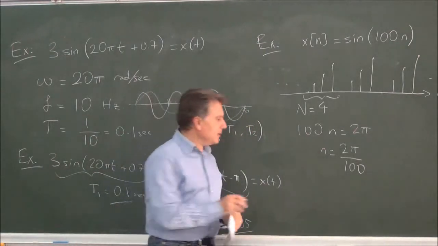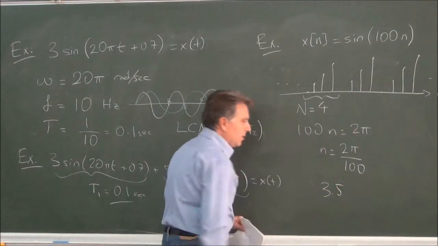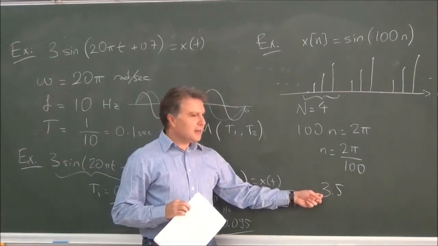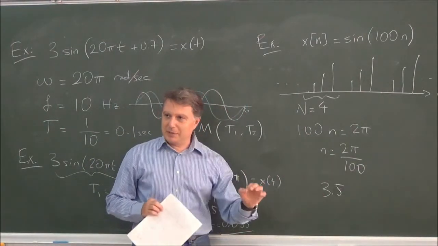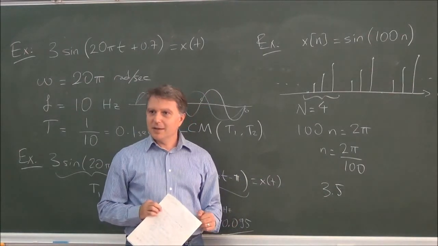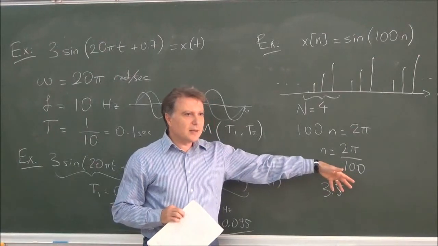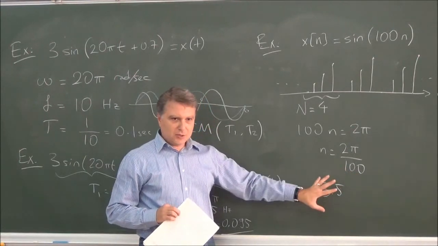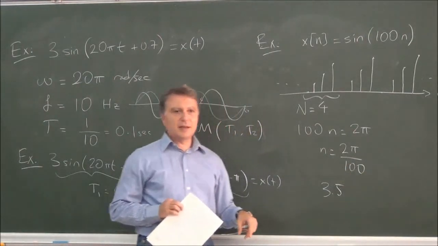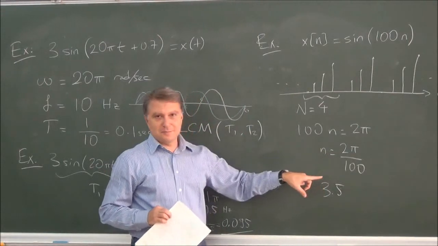For example, if you find the period to be 3.5, then what can you say about the real period for the discrete time signal? 7. When you go 2 times of this thing, it becomes an integer. So this is not the period, but twice of it is the period. So this is 2 pi over 100.